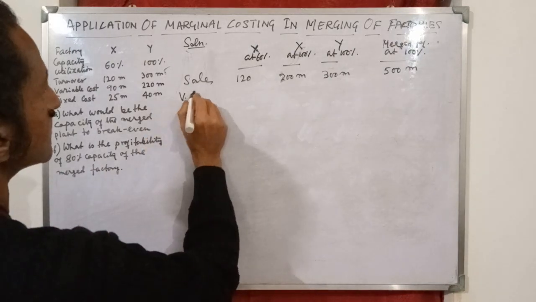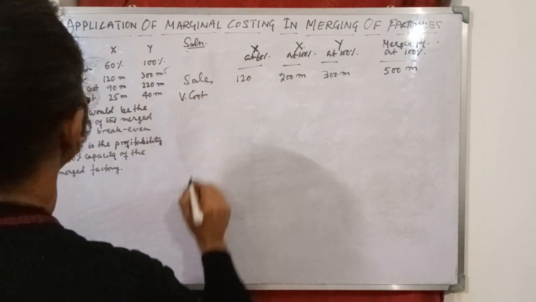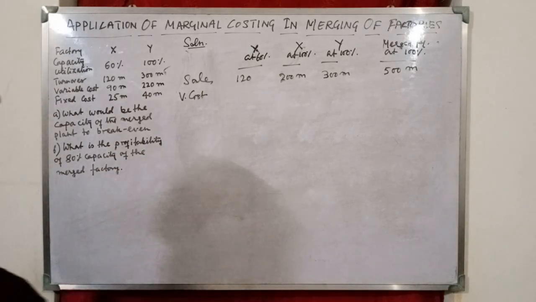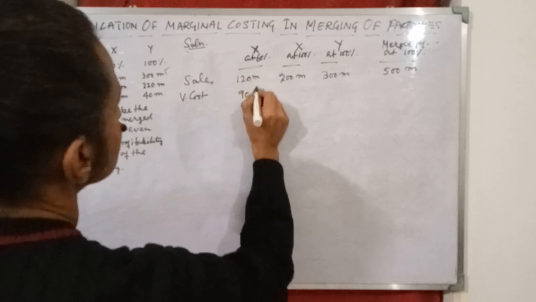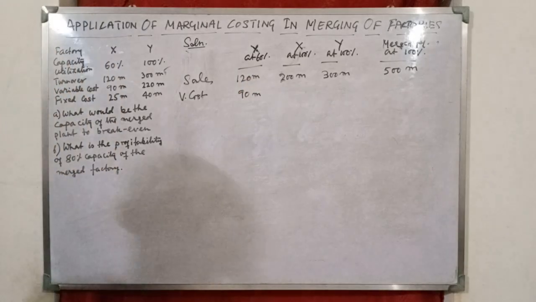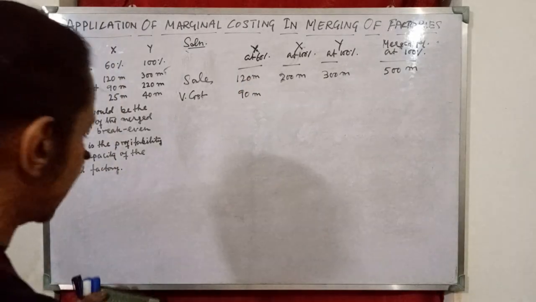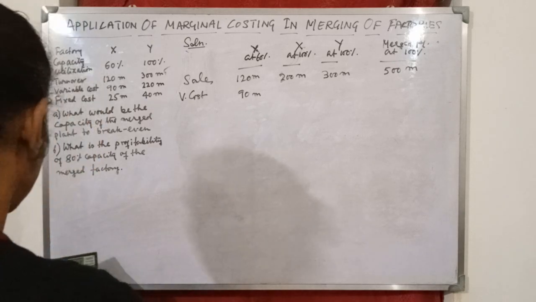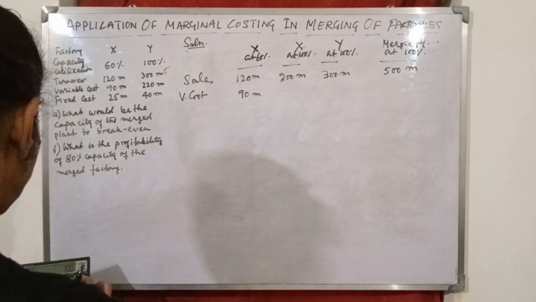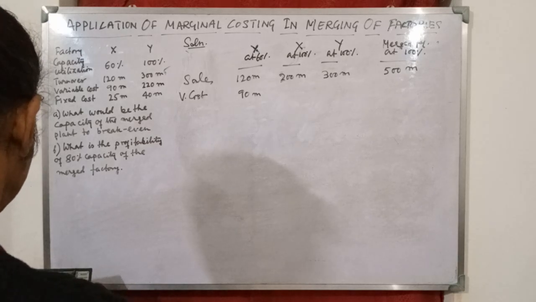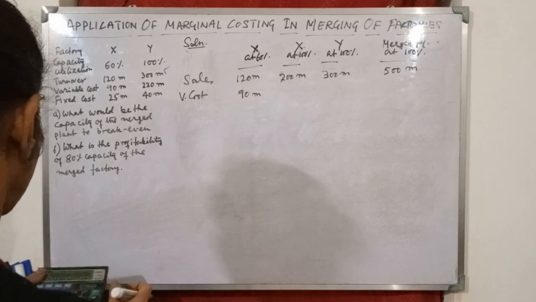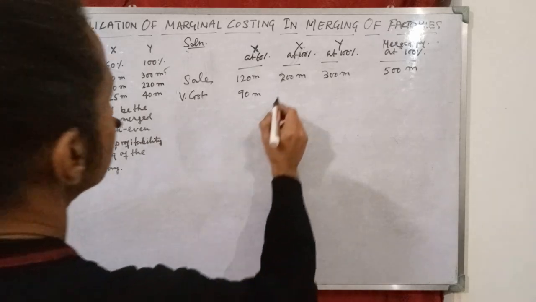Variable cost of factory X at 60% is 90 million. So the variable cost of factory X at 100% will be 100 over 60 into 90, that is 150 million.